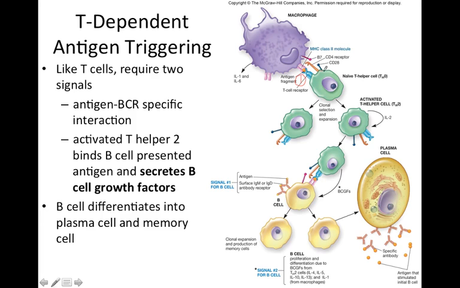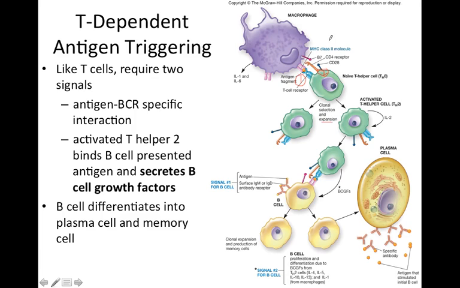Signal 2 comes when the co-stimulatory molecules bind. So the B7 molecules, which are CD80 or CD86 on the antigen-presenting cell, interact with CD28 on the T helper cell. And that causes the cell to proliferate. So it expands that type of T cell. So you have more of them.